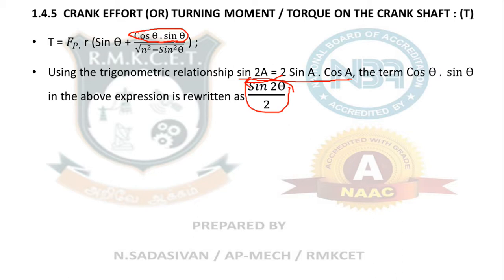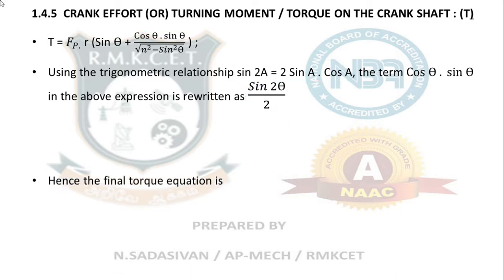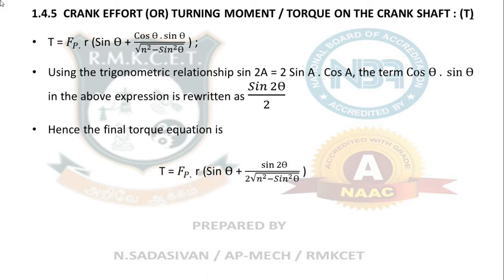All these are simplifications. So what will happen to the torque equation? Fp into R into sin theta plus, instead of cos theta sin theta, write sin 2 theta by 2 root of n square minus sin square theta.